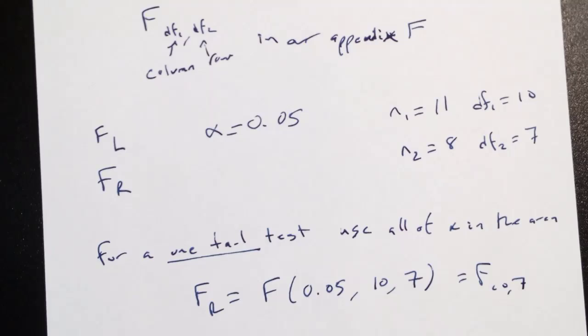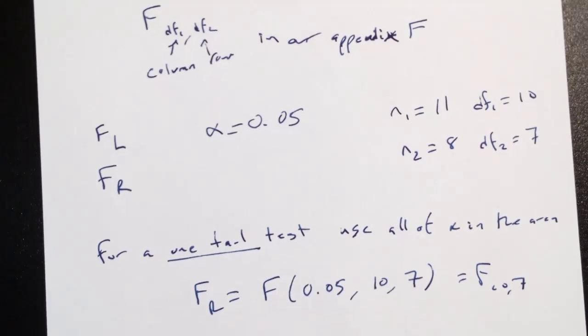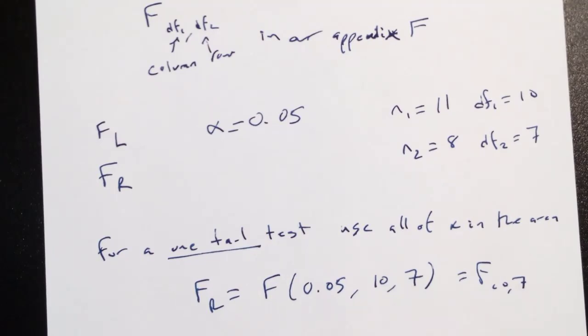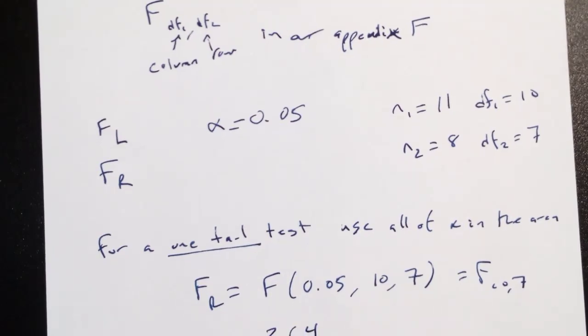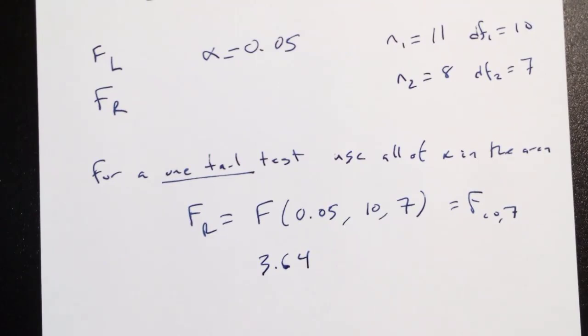That annoys me. And according to our chart, we got 3.64. But to get the left version, I have to do something different.